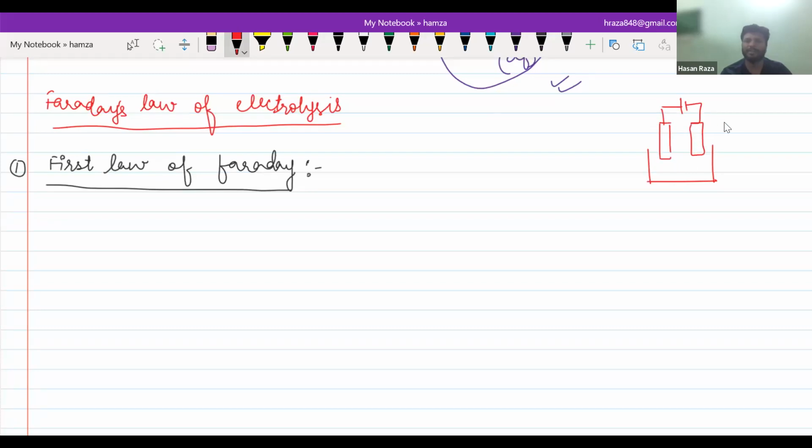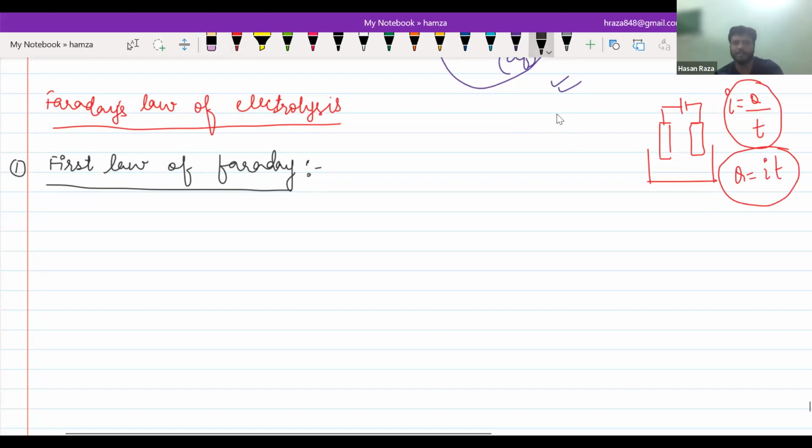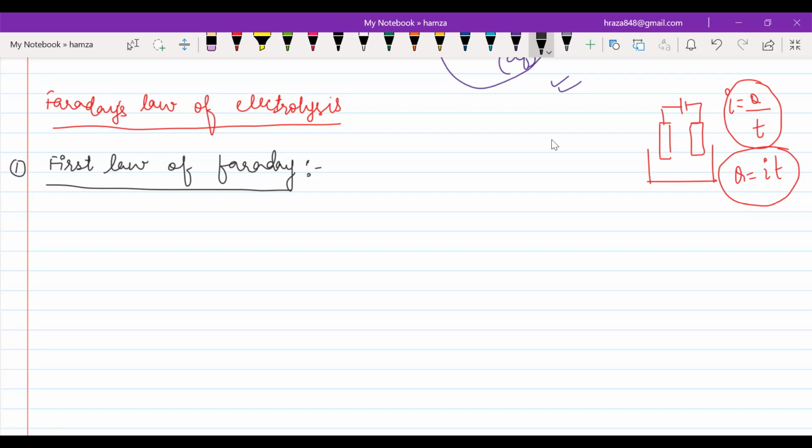Current is defined as I is equal to Q by T: the rate of flow of charge per unit time is called current. And Q is equal to I into T. You have already studied this in class 10. Yes or no? Yes, sir.